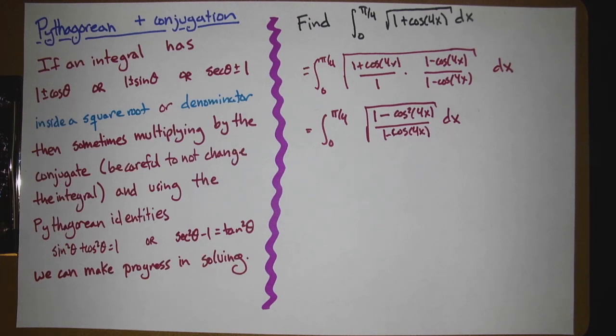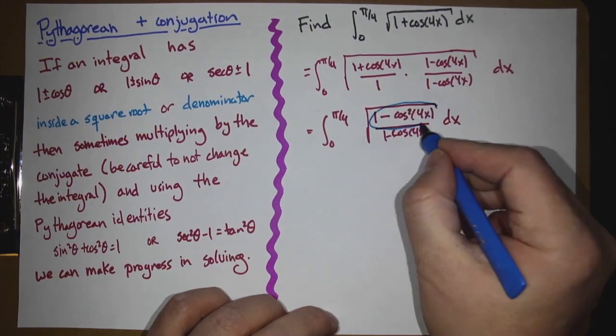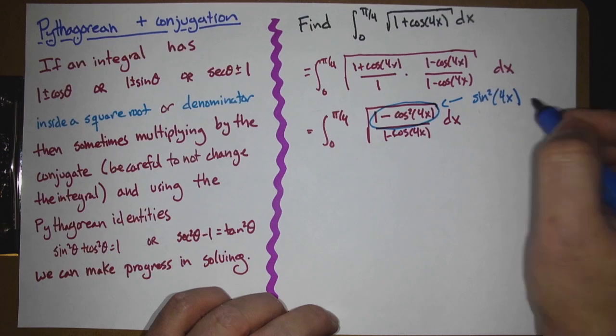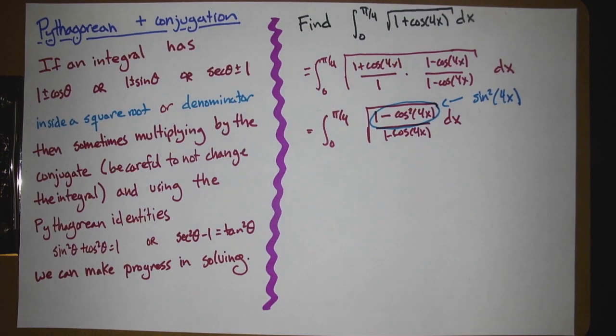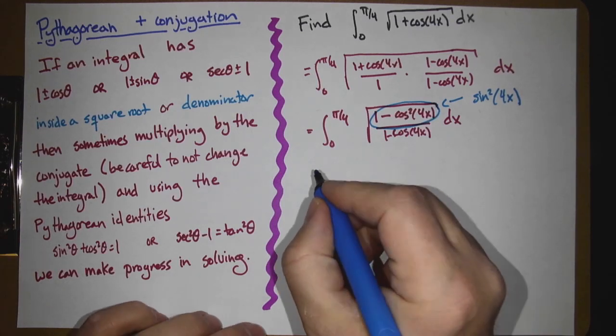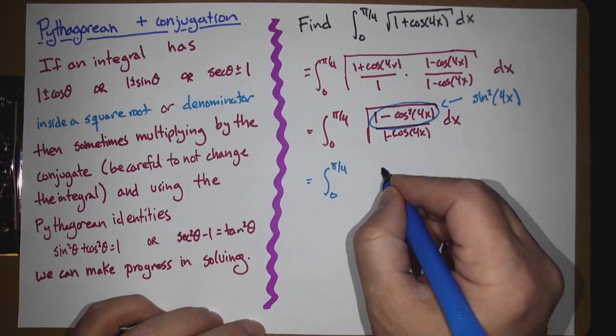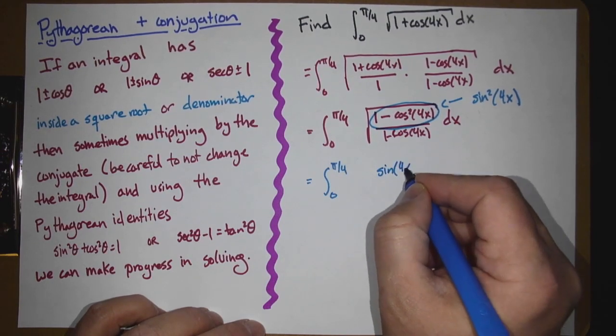What happens to the upstairs? What's going to happen is that this part upstairs is going to be sine squared of 4x. And notice, sine squared has a square, and we're taking a square root. Nice. So we'll take the square root on the top, and we have, from 0 to pi over 4, sine of 4x upstairs.